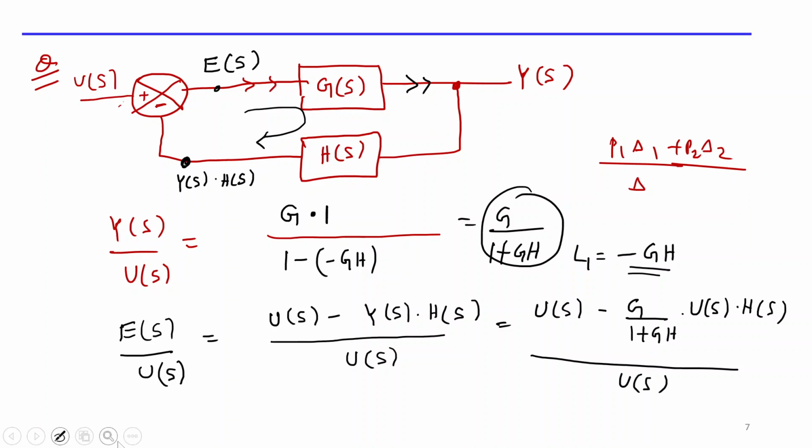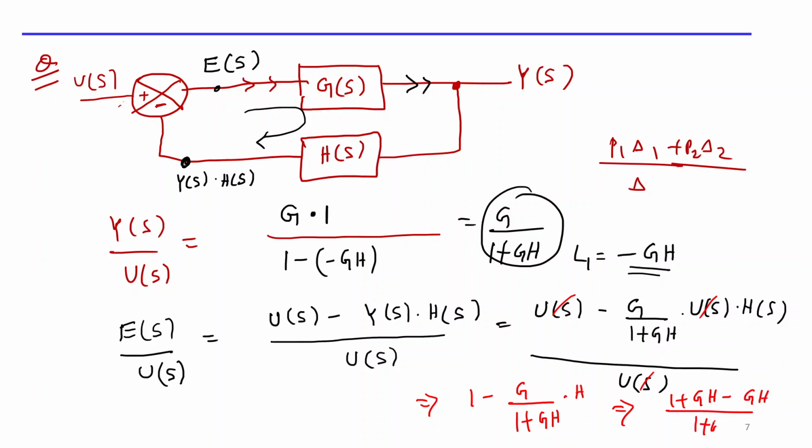Now this U of s cancels here, here and here. So what is left now? 1 minus G divided by 1 plus GH, into H. Simplify this: this will be 1 plus GH minus GH divided by 1 plus GH.